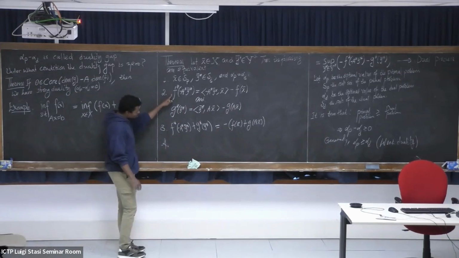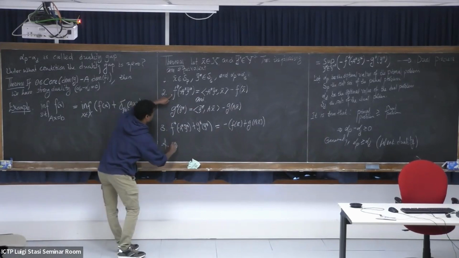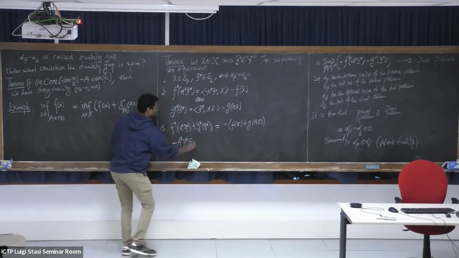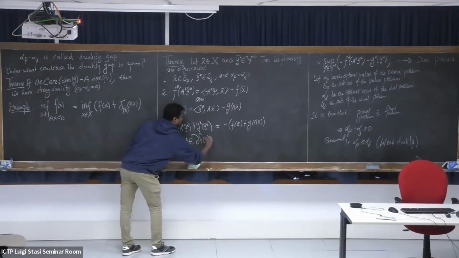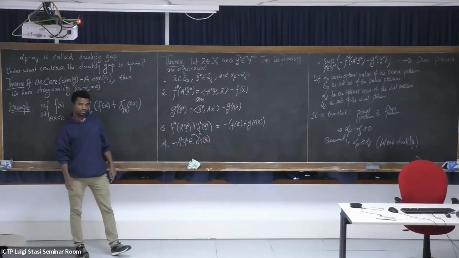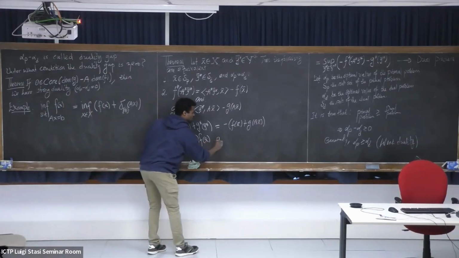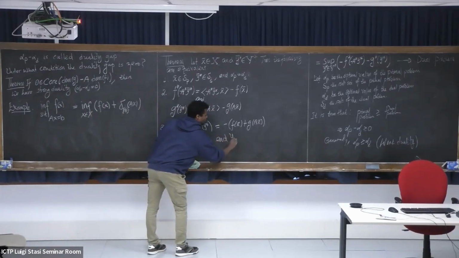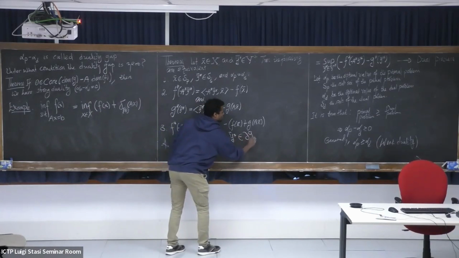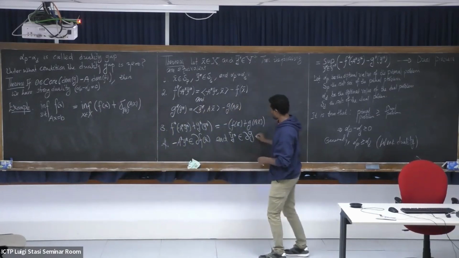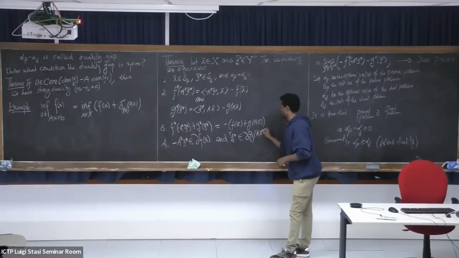Actually, from this, we can say that minus A star y star, by Fenchel conjugate, is an element of the subdifferential of F. If this happens, and y star bar is an element of the sub-differential of G at A x bar.